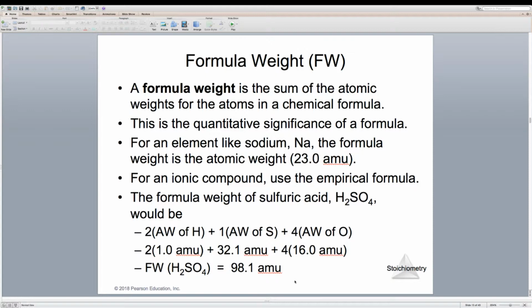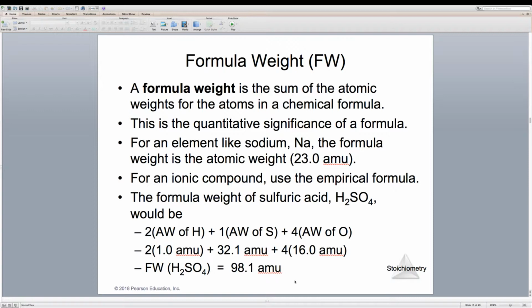We're talking about the value on the periodic table underneath the chemical symbol. This is quantitative, meaning this is a mathematical value that is very significant in all of our work from here on out, pretty much in this course. So you always need to be able to solve for the formula weight. You also may see that as molecular weight. They are interchangeable definitions.